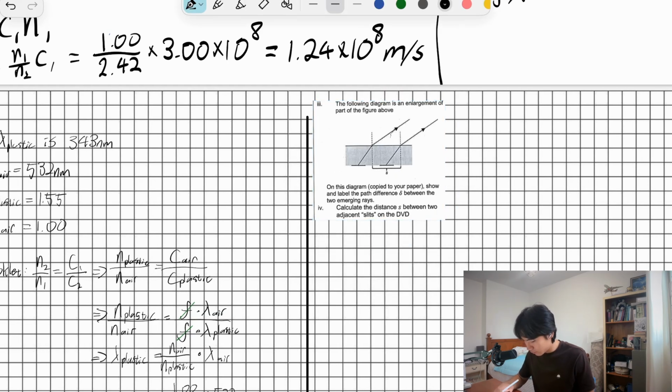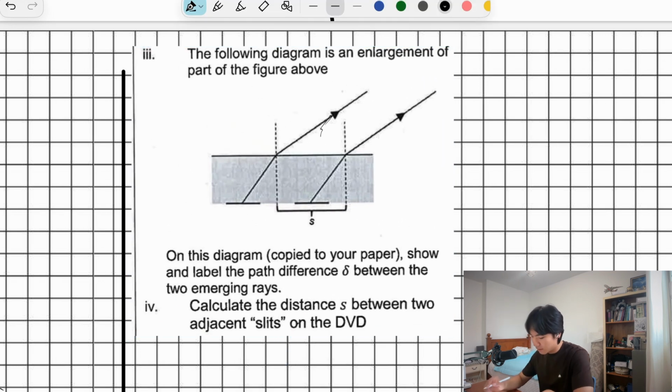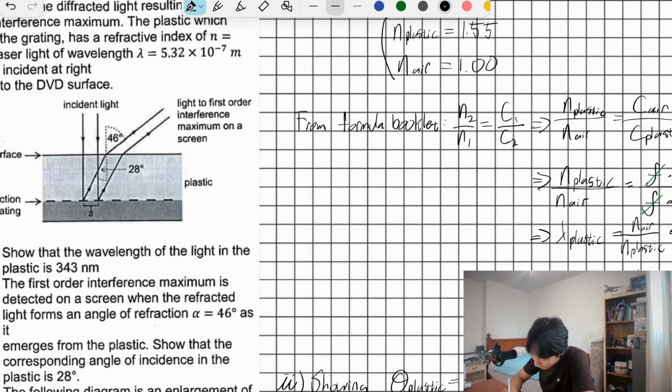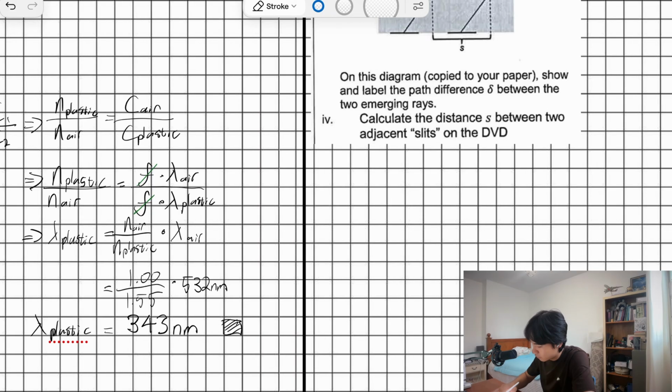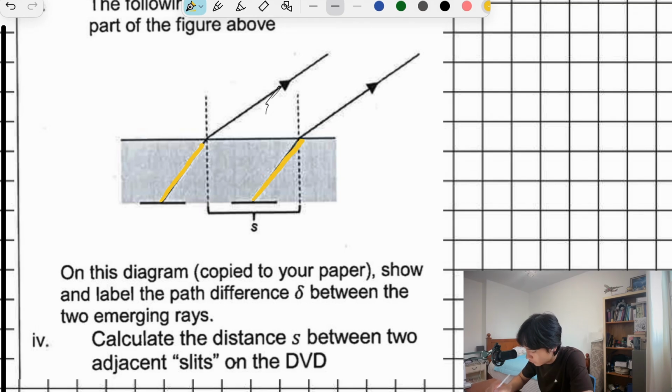So on this figure, let's draw the path difference of the two emerging rays. It's emerging, going here, and we're just zooming in on this part. We know they travel the same distance here, that's true.